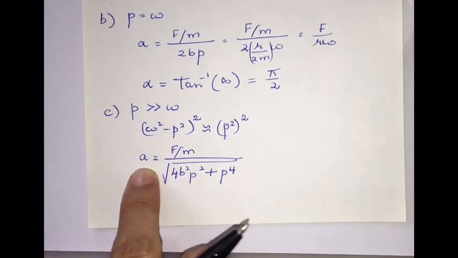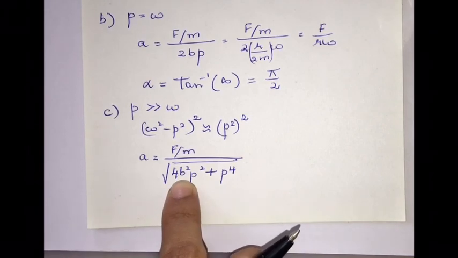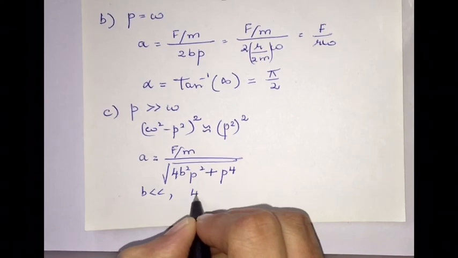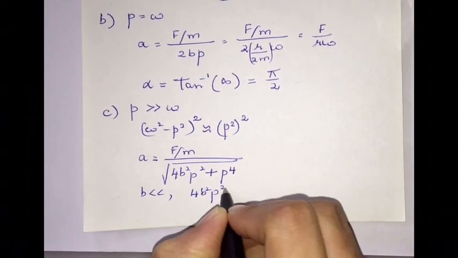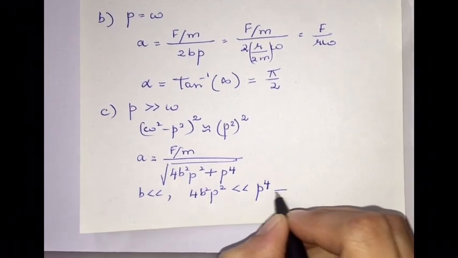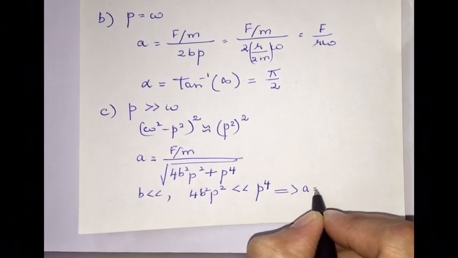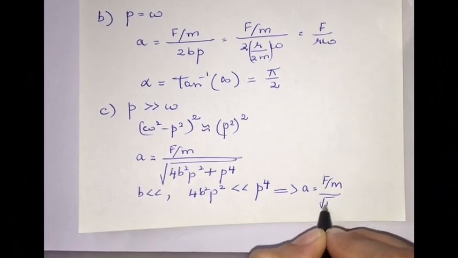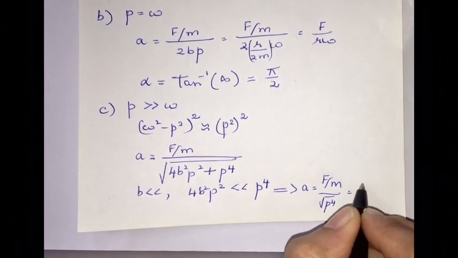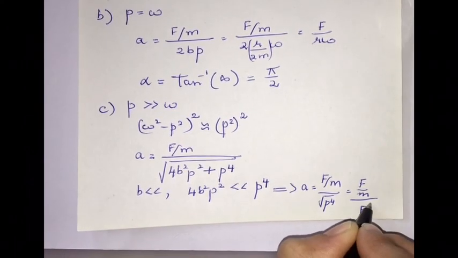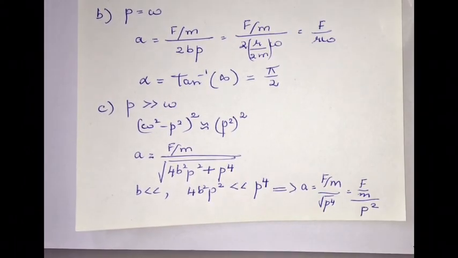Since B is a very small number, 4B square P square is very small when compared to P to the power 4. So amplitude A is equal to F by M, square root of P to the power 4, or in other words, F by M divided by P square.